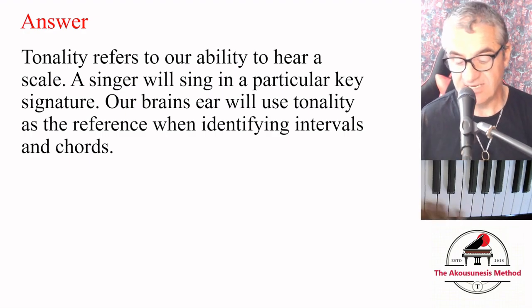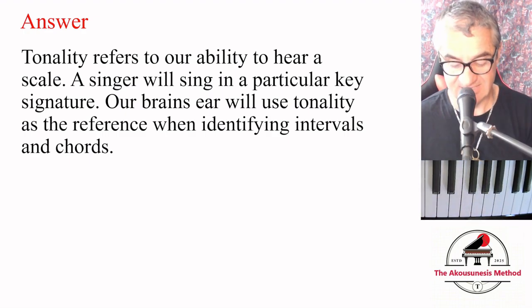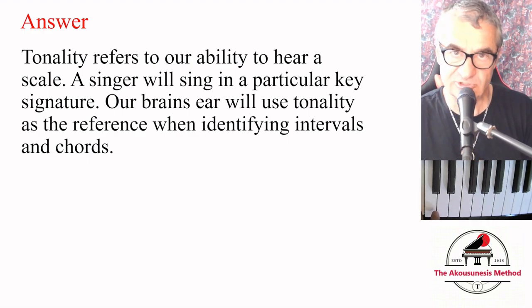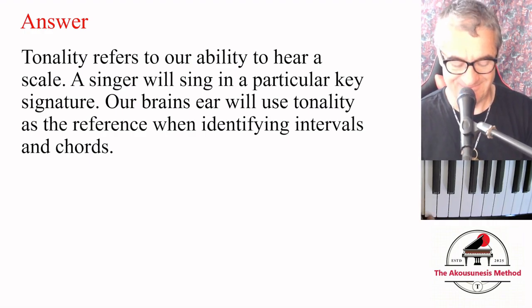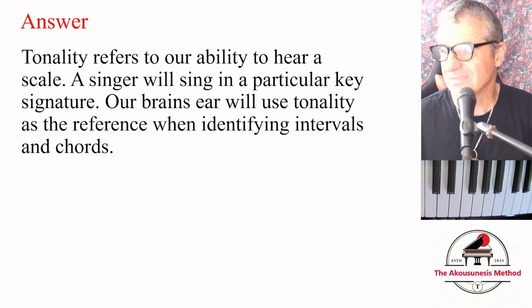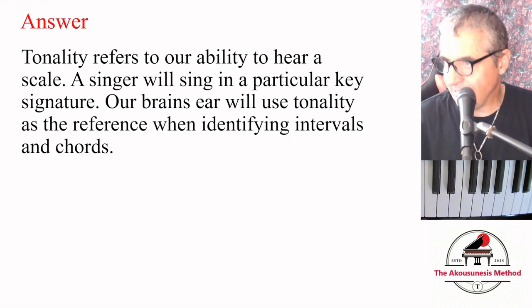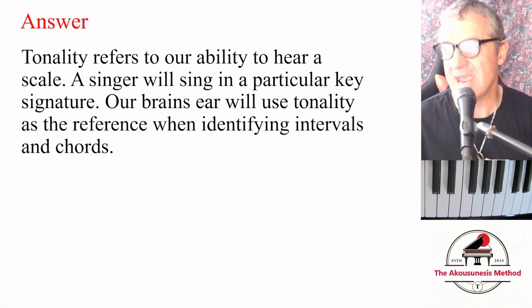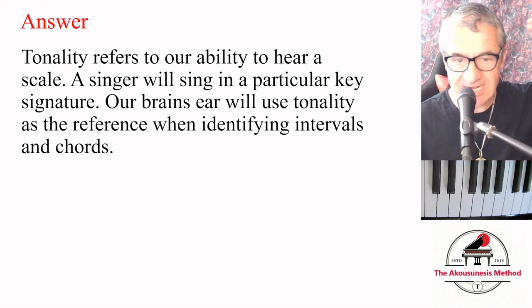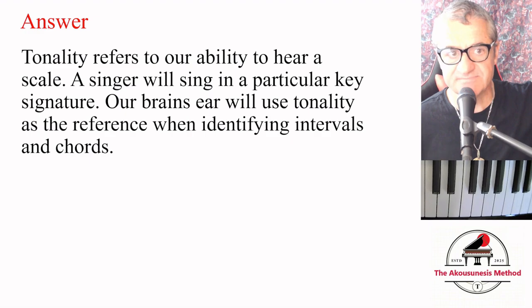So tonality is every interval played together, basically, which sounds awful, right? But all these notes are the tonality. Our brain's ear will use tonality as our reference. So tonality is just a collection of intervals.